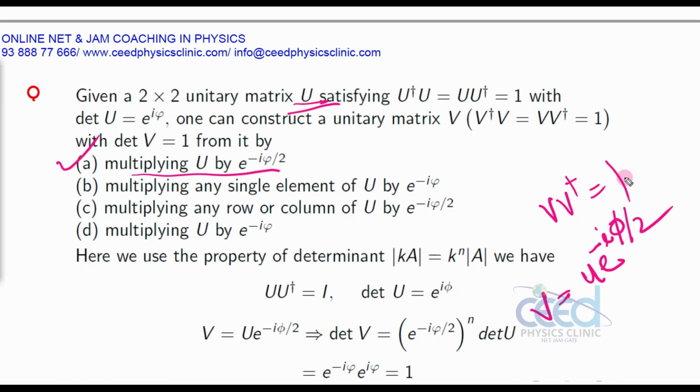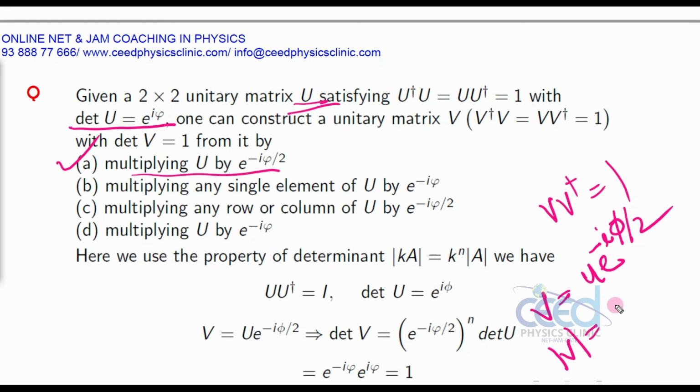So I can check. In the question it is given that U dagger U is 1, and determinant U is equal to e raised to i phi. That is also given. Now I can find the determinant V. I can take this scalar out, this is a constant, right?